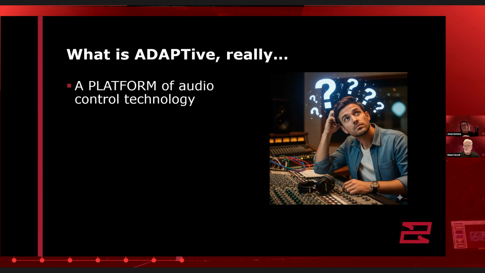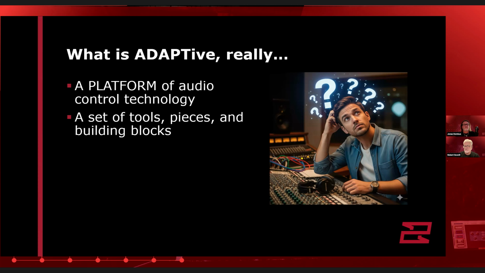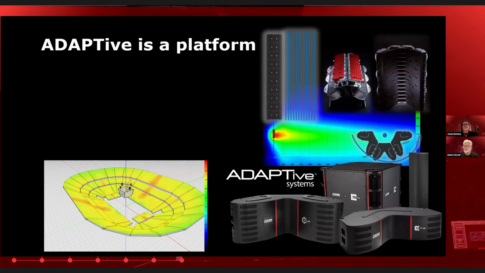So it's a whole big system of multiple parts. There are different tools and pieces and building blocks that all work together that we call adaptive, and it's both software and hardware. I'm going to get into that in a minute as well. So let's take a look. In adaptive, we have several products that we make that are all what we call adaptive.